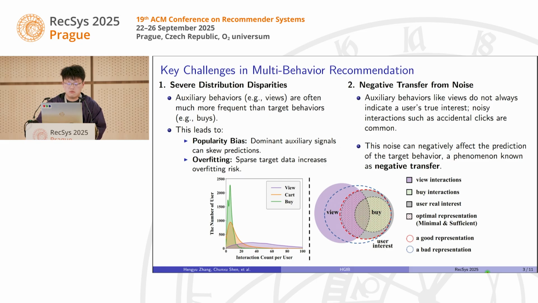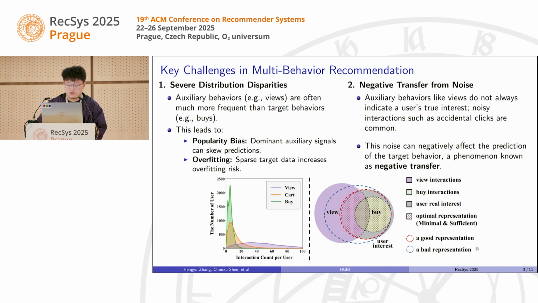The goal of multi-behavior recommendation is to effectively leverage the various auxiliary behaviors like viewing and carting to enhance the prediction performance for a target behavior, which is often the sparse part of primary interest, such as purchase.